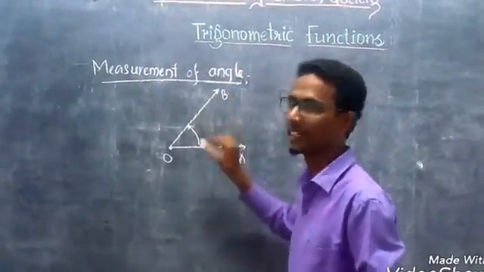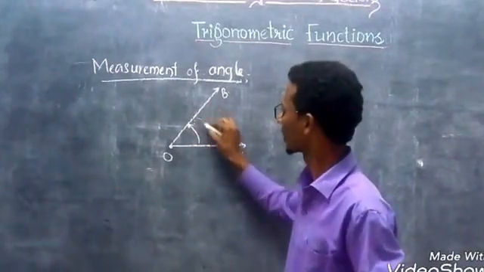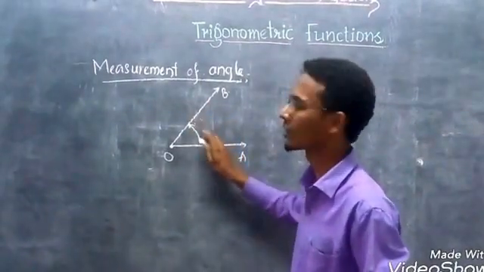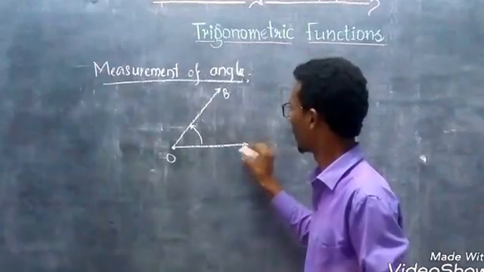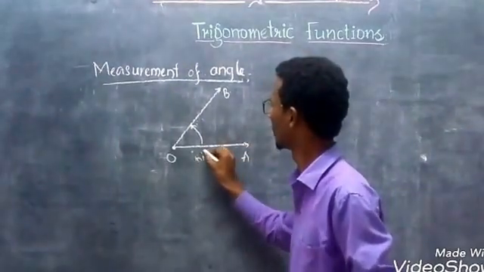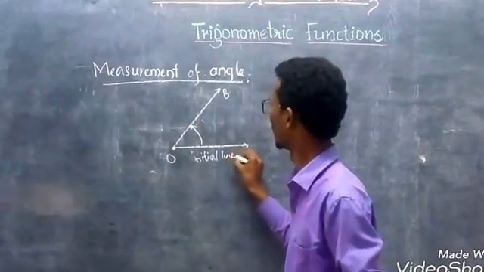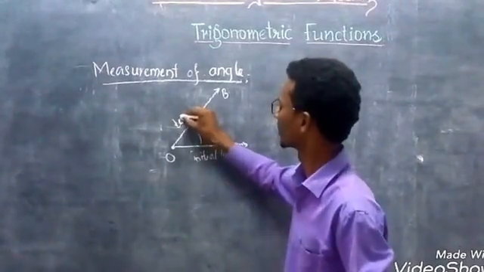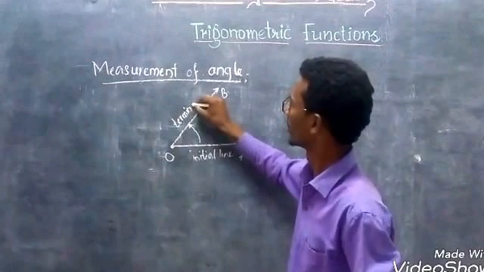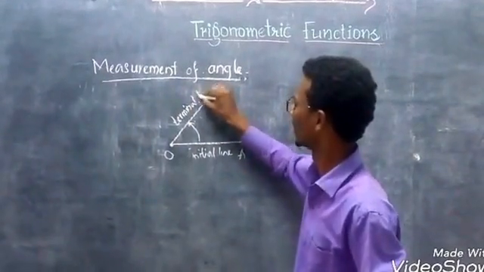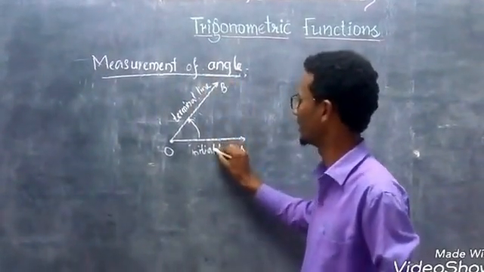After some time it will be here. So the measure of rotation from the initial line to the terminal line. Here it is terminating, so it is called the terminal line, and this is called the initial line.